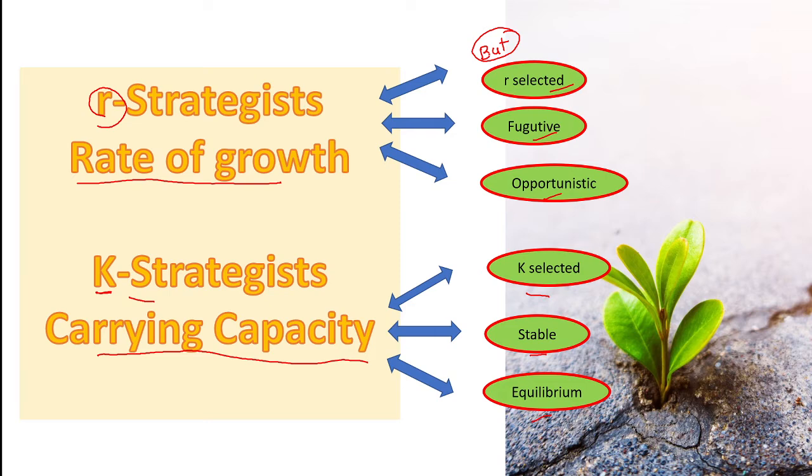Rather, all must reach some compromise between two extremes. So, the terms R selection and K selection have been used by ecologists to describe the growth and reproductive strategies of various organisms.